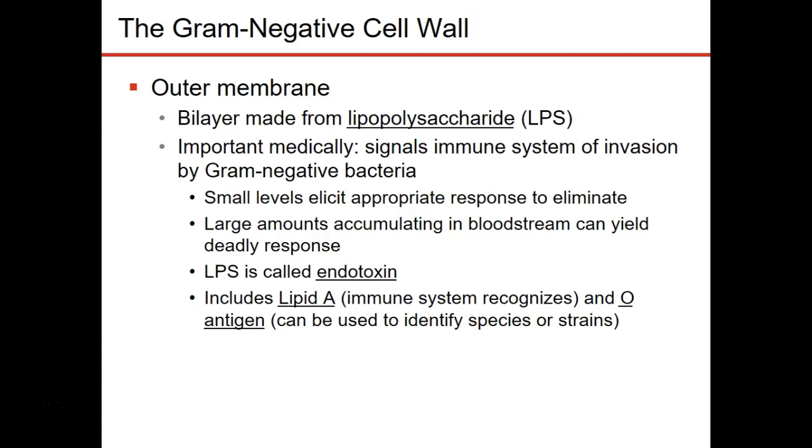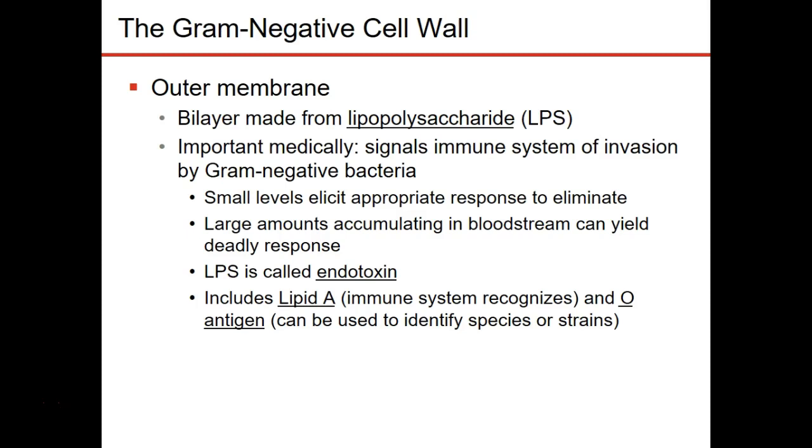So think of a pyromaniac as someone who likes to play with fires. Pyrogens are something that causes fires or causes heat. Lipid A moves to our hypothalamus and stimulates our hypothalamus to set our body temperature at a higher rate.